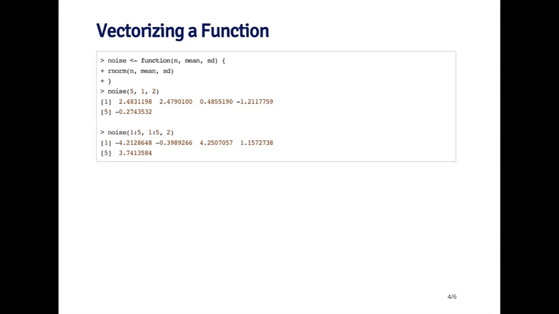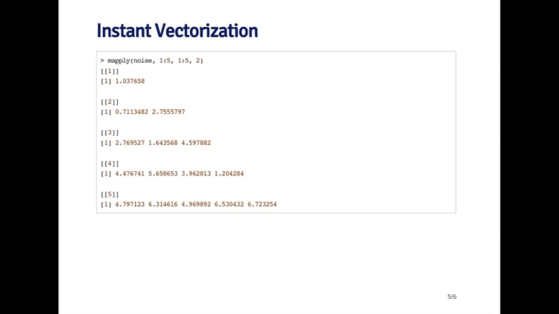If I pass 1 through 5 and 1 through 5, I get a vector of 5. But what I really want is one random normal with mean 1, 2 random normals with mean 2, 3 random normals with mean 3, and so on up to 5 random normals with mean 5. That's what I get when I use the mapply function to vectorize this noise function.